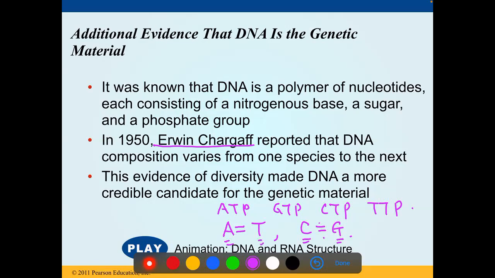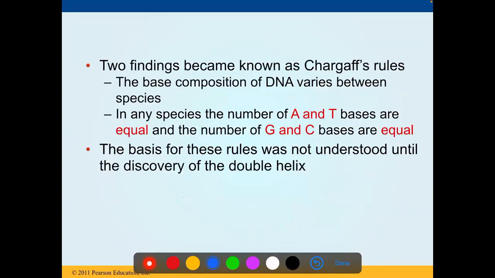I don't think they can get exactly the same, because with chemical methods we always have some kind of errors. But they found this ratio depends on species. The AT and GC amounts are equal within a species, but the AT ratio versus GC ratio depends on the species.